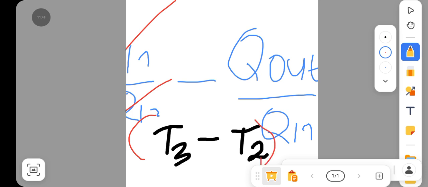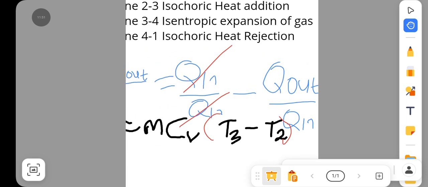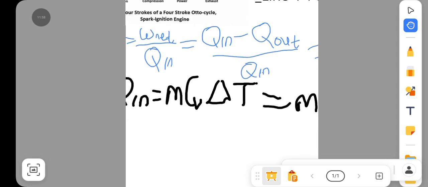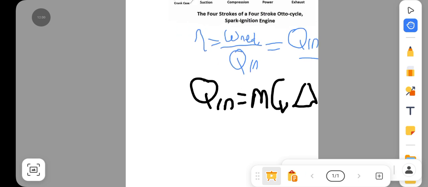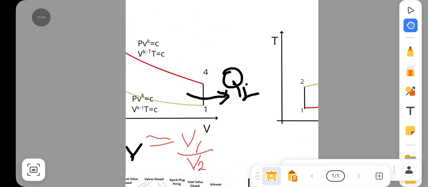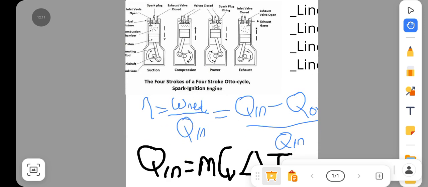That is our formula for Q in. We can say the same way that Q out is something similar, but from 4 to 1, that is T4 minus T1.